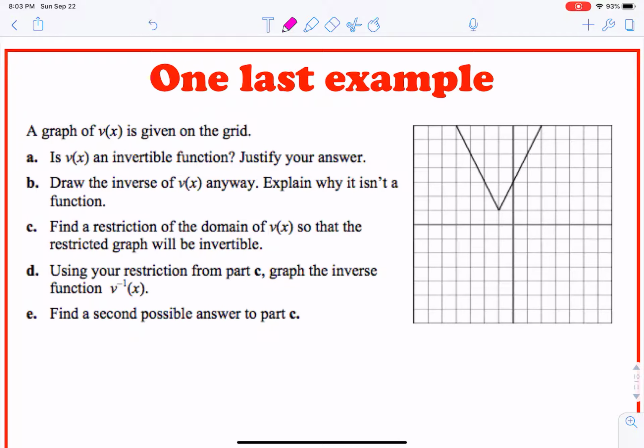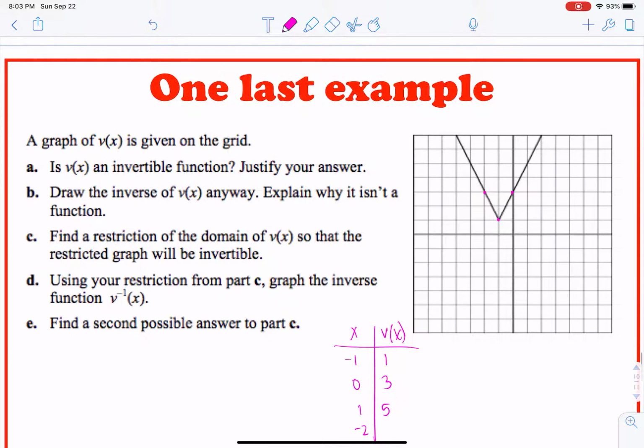So here I can go ahead and pick some key points. So I have x and v of x. So this is -1 and 1. This point right here is over 0 and up 3. And then I have over 1 and up 5. Let's get some of our negative pieces over here. -2 and up 3.